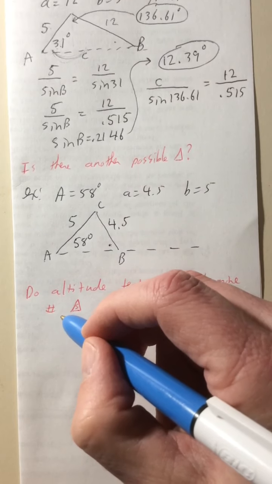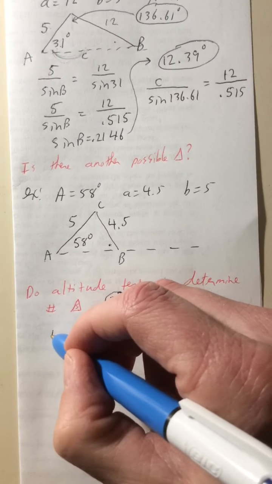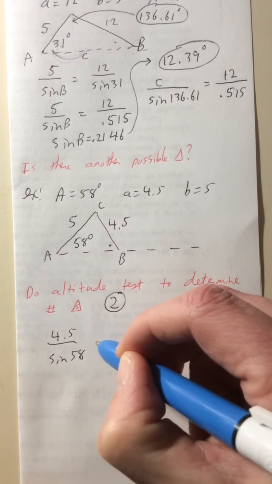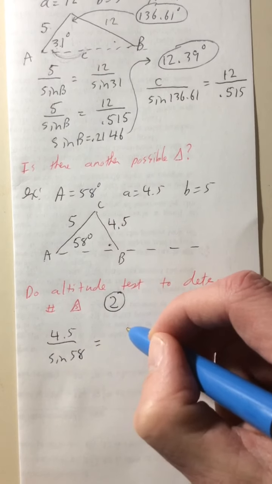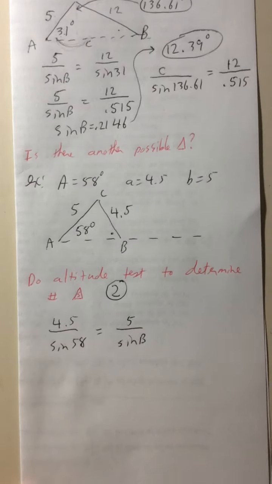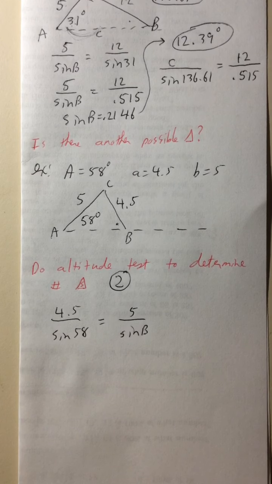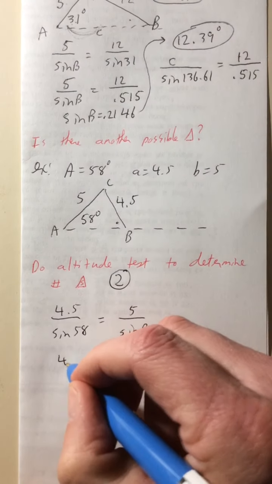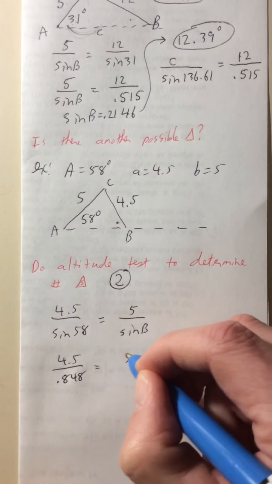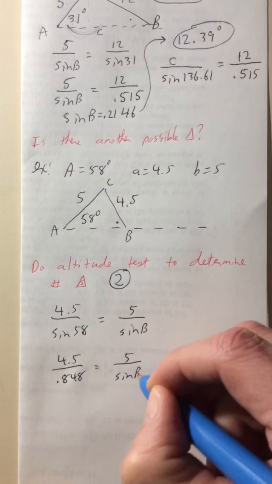So we're going to have 4.5 over sine of 58 equals 5 over sine of B. So we got sine of 58 equals 0.8480. So 4.5 over 0.848 equals 5 over sine B.